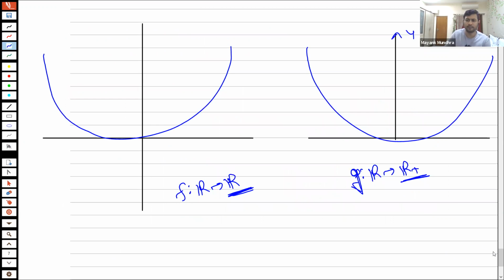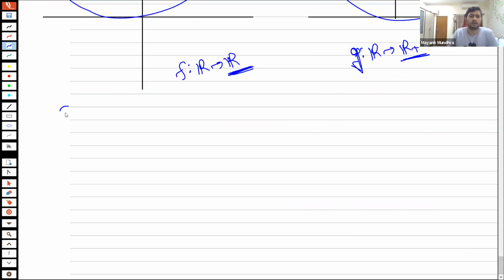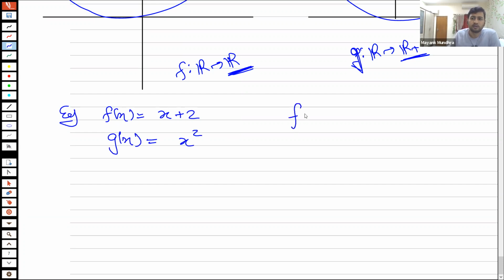So for example, let's say f of x equals x plus 2 and g of x equals x squared. So f of g of 3 is basically f of what is g of 3? g of 3 is 3 squared. So this is f of 9. Now what is f of 9? This is 11.